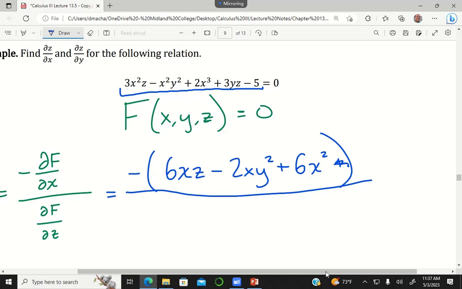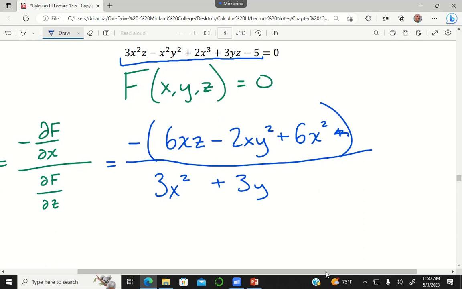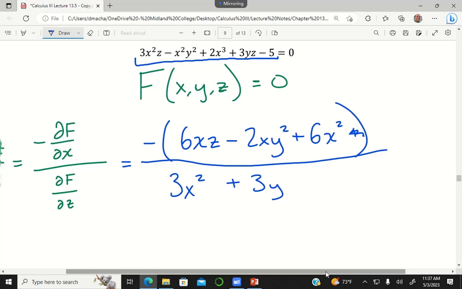Okay. Taking the partial with respect to z then is going to give me 3x squared, 0, 0, plus 3y. There we go. All right. I don't see any way to simplify that, so I'm not going to try.